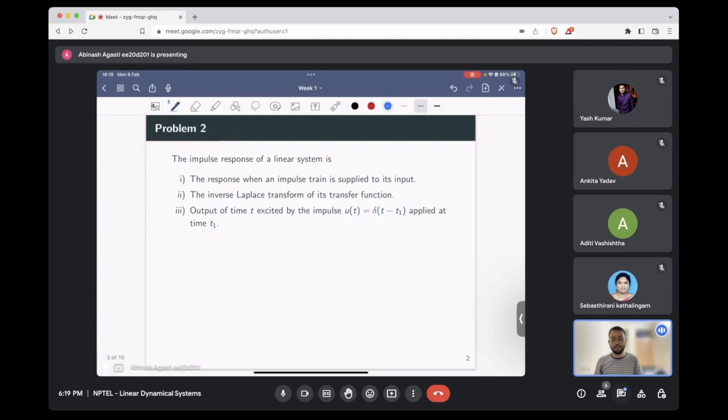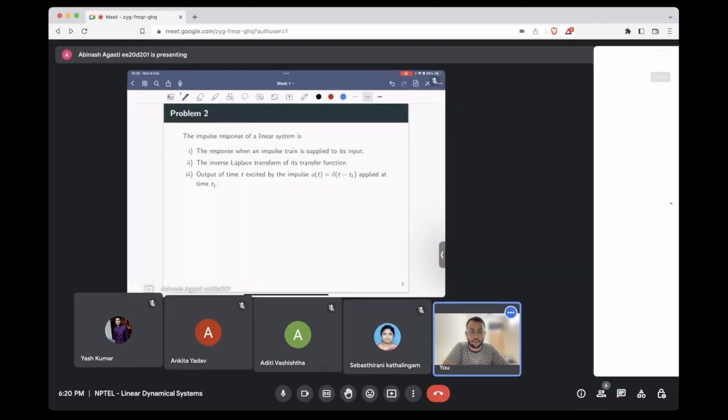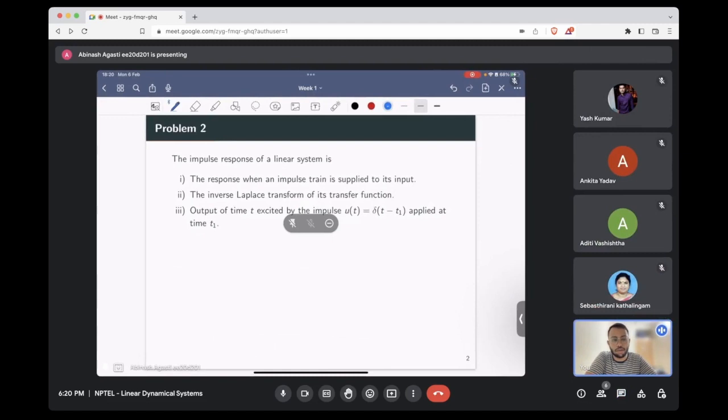Now we have the question: the impulse response of a linear system is which of the following options? First, can someone quickly type up what is the definition of the impulse response of a linear system? Or you can also go ahead and unmute yourself and talk.